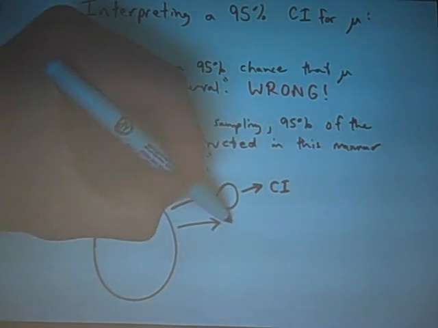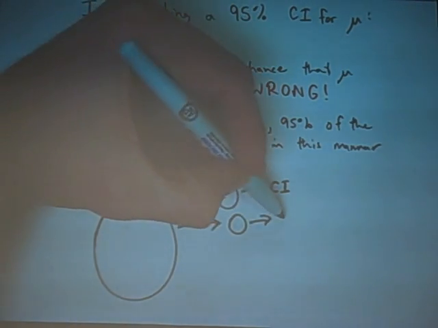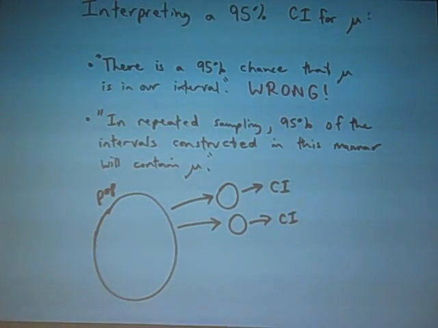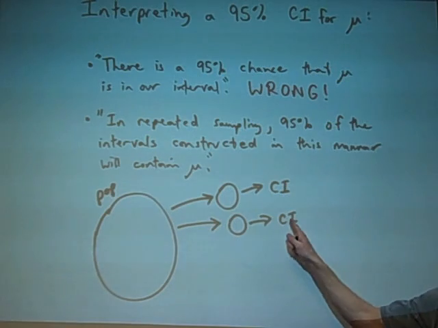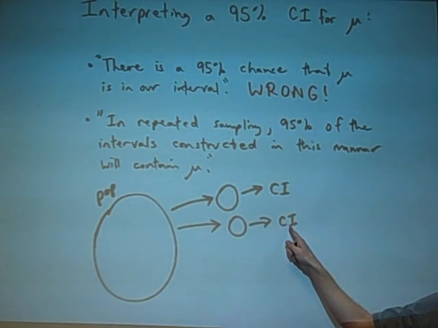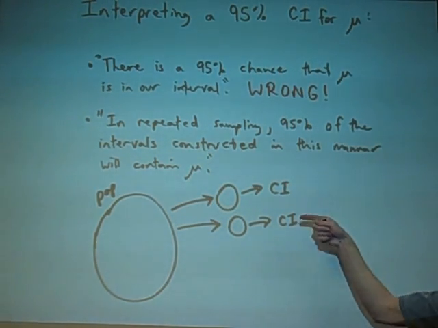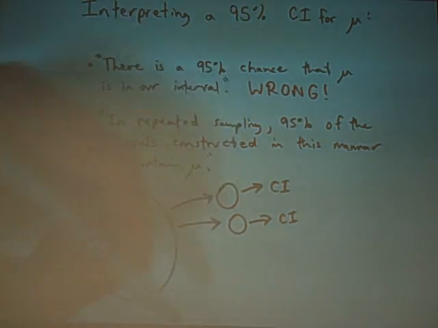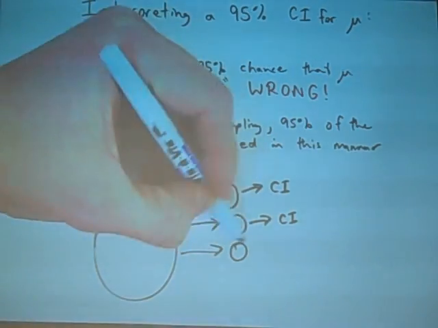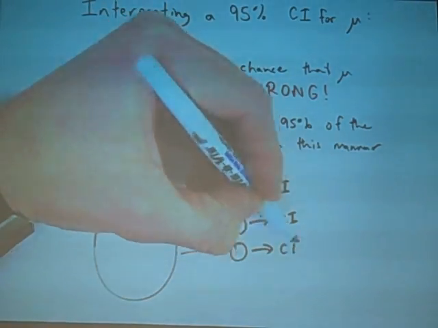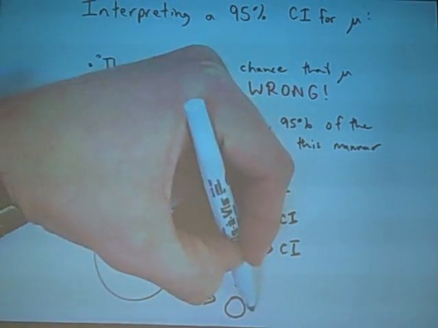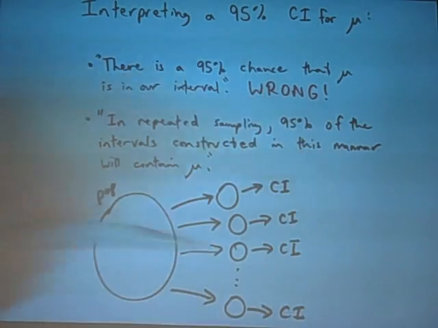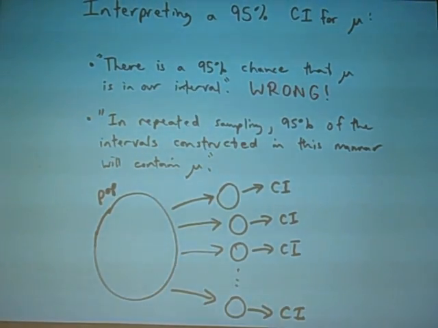Couldn't we take another simple random sample from that same population? We could. And if we have a different simple random sample, isn't this confidence interval here going to be different? So we have a confidence interval here, we have a confidence interval here. You can keep doing this as long as you want, right? So dot, dot, dot, to imply you do this a bunch of times.